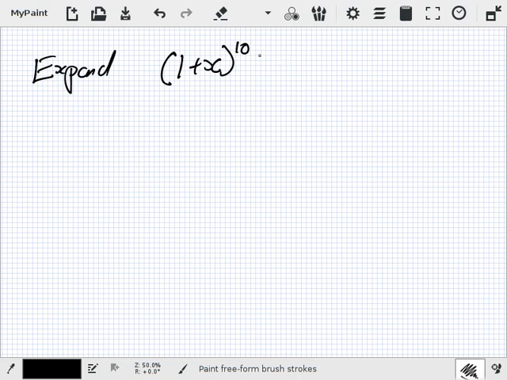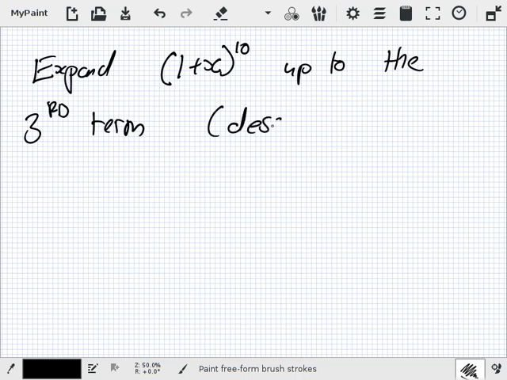My question is: expand up to the third term, and I'd like it to be descending. What that means is I don't want you to fully expand. I just want you to give me the first 3 terms, descending, meaning I want you to start at x to the power 10. Okay? So let's figure this out.